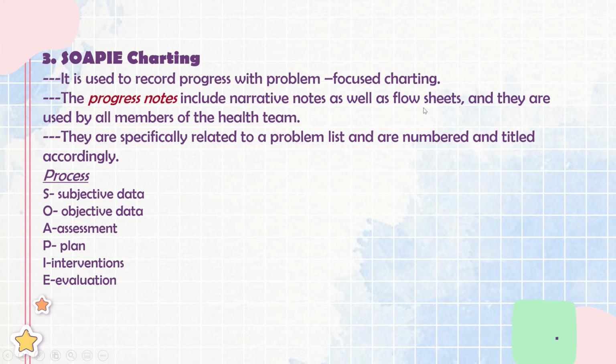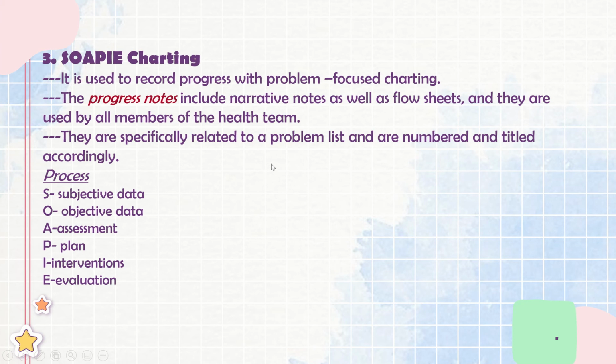So, the progress notes include narrative notes as well as flow sheets, and they are used by all members of the health team. So, dito tayo nag-chart. Okay? Sa progress notes. Okay?